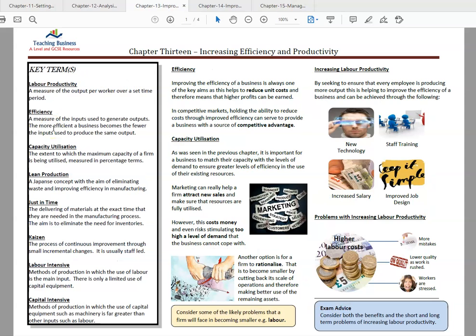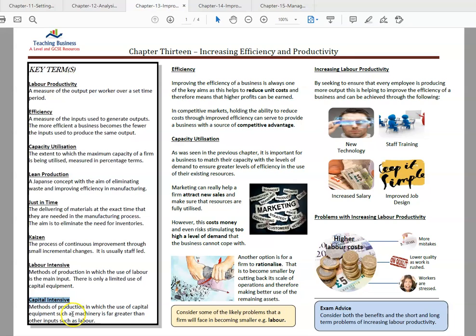Key phrases are recognising that some businesses are labour intensive or are currently being run as labour intensive. That means that they have a lot of humans doing the main production. On the other hand, it's possible to convert some businesses or some production to capital intensive.